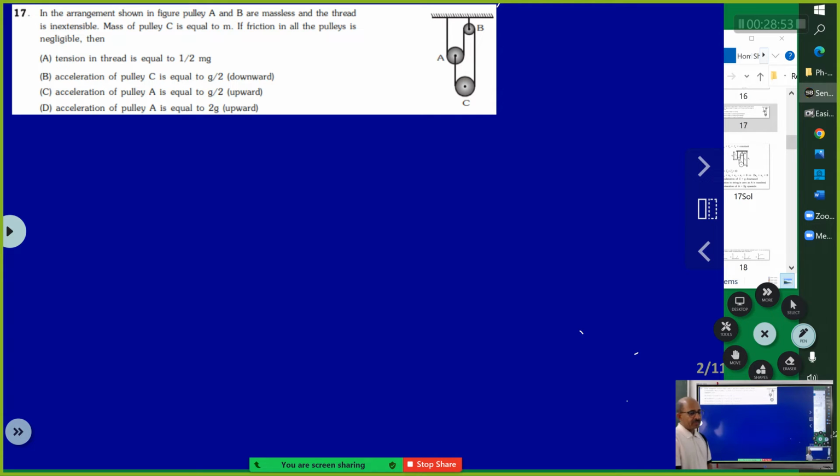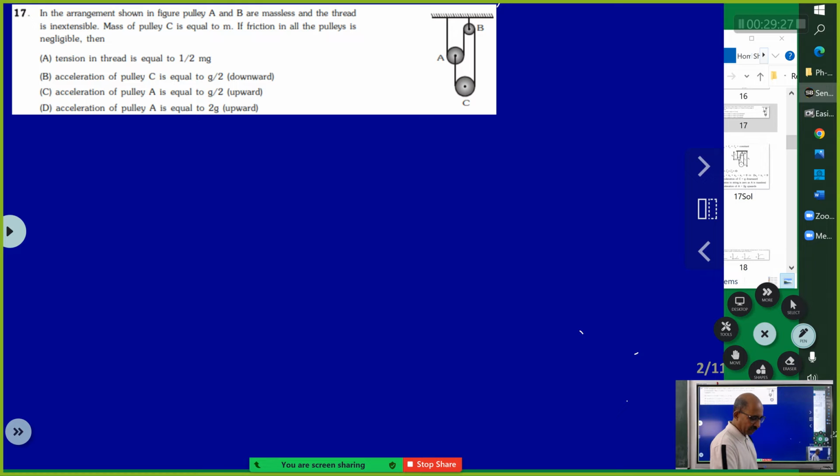B is a fixed pulley, and therefore C tries to come down. Then A has to go up. So that means now C will be pulled up, because one end of C is connected to A, and A is going to go up, and the other end of C is trying to come down. So it is a constrained motion, but the tension is 0.